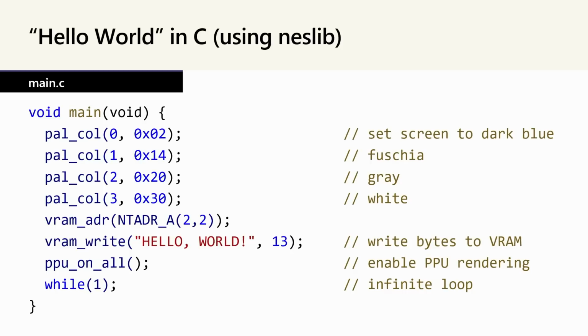The names are a little abbreviated back then, but what this is doing is moving the position, maybe you can think of it as the cursor. We're moving over 2 pixels and down 2 pixels, and then we're drawing the words hello world. We also have to pass in the length of hello world, so that's what the 13 is. And then PPU on all turns on the screen.